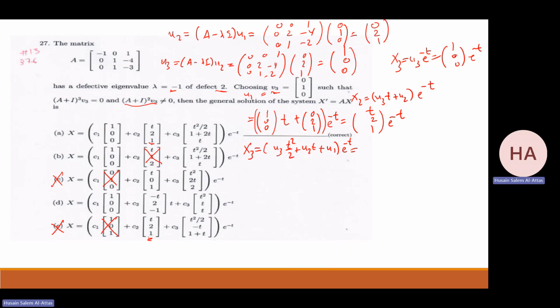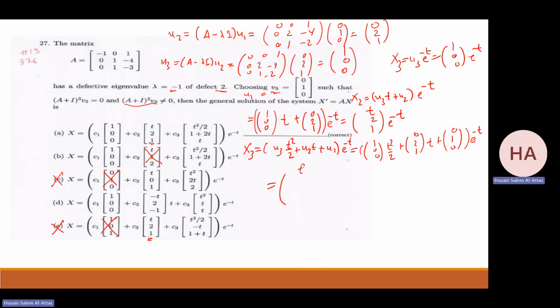That will be 1, 0, 0 t squared over 2, plus U2 0, 2, 1 t, plus U1, which is 0, 1, 0, all times e to the minus t.